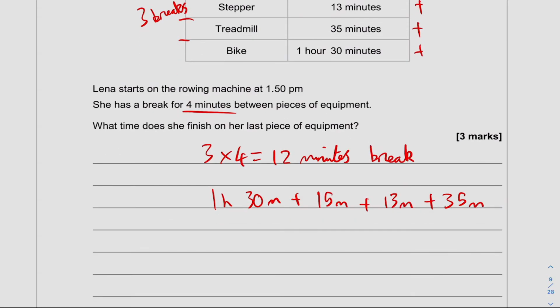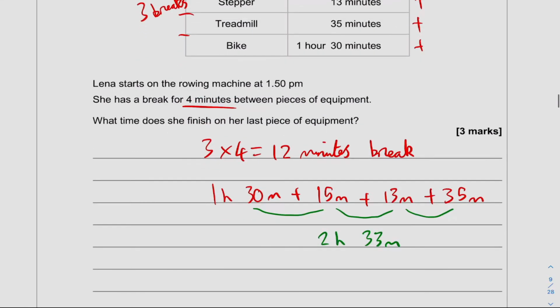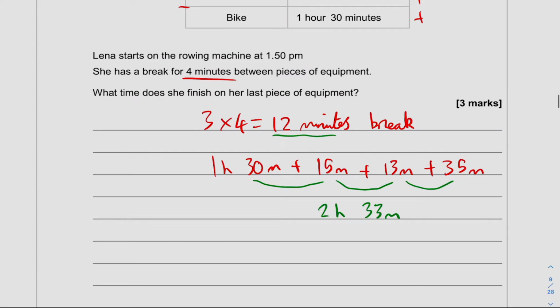So when we add all of these up, from these two we get 1 hour 45, we then get 1 hour 58, and we then get 2 hours and 33. So this is equal to 2 hours 33 minutes, but we've then got to add our 12-minute break as well. So 2 hours 33 minutes plus our 12-minute break is equal to 2 hours and 45 minutes.